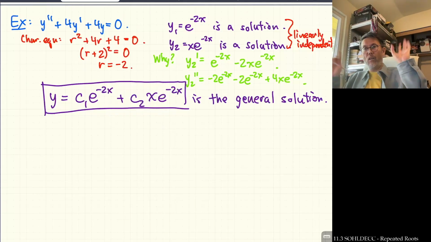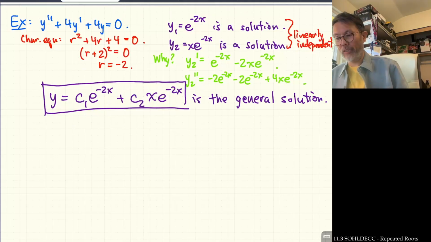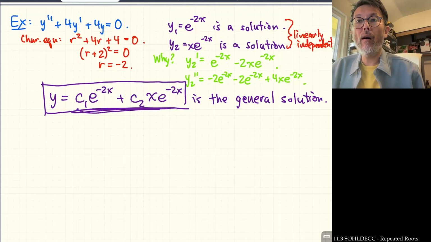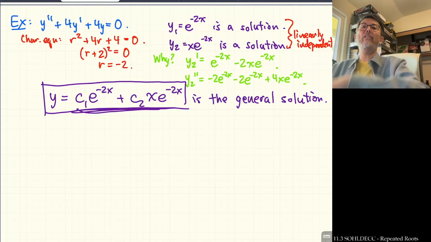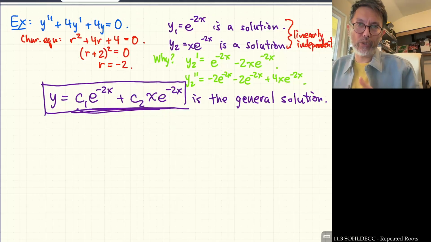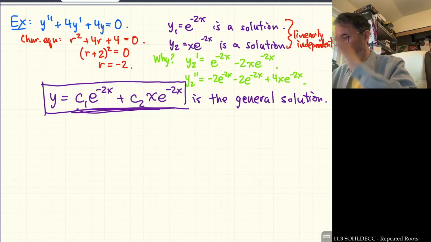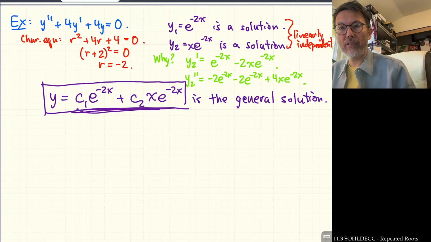If you have a pair of solutions to a linear second-order differential equation, regardless of whether it's got constant coefficients or not, and it's homogeneous, then by the superposition principle, these linear combinations are again solutions. And by the existence and uniqueness theorem, this is the complete set of solutions. Every solution looks like this. Okay? Great. So that's our situation in this case.